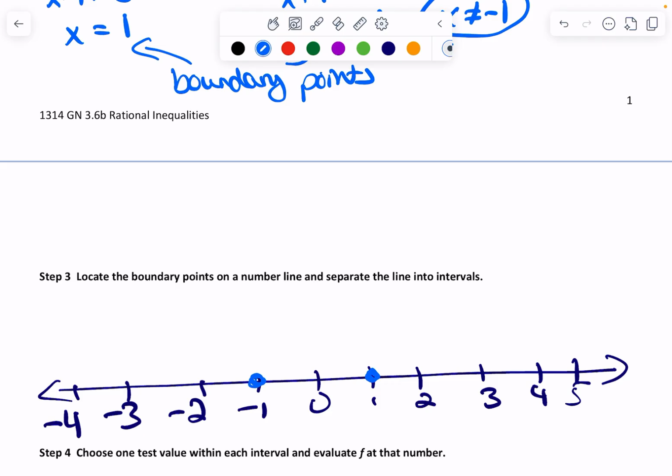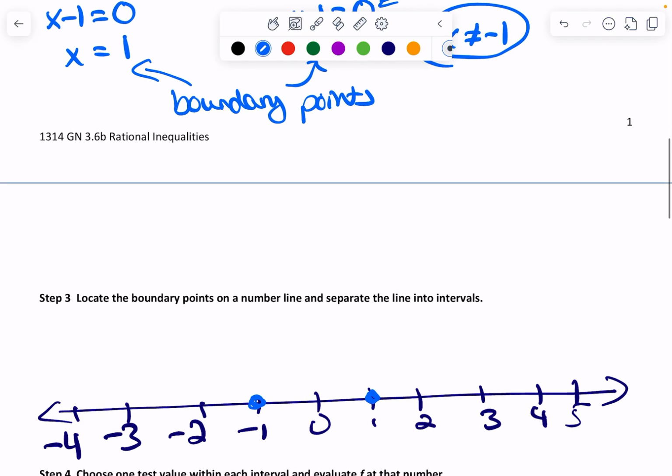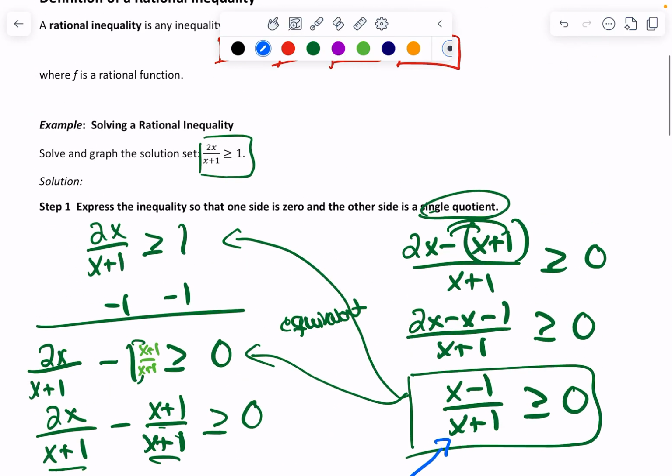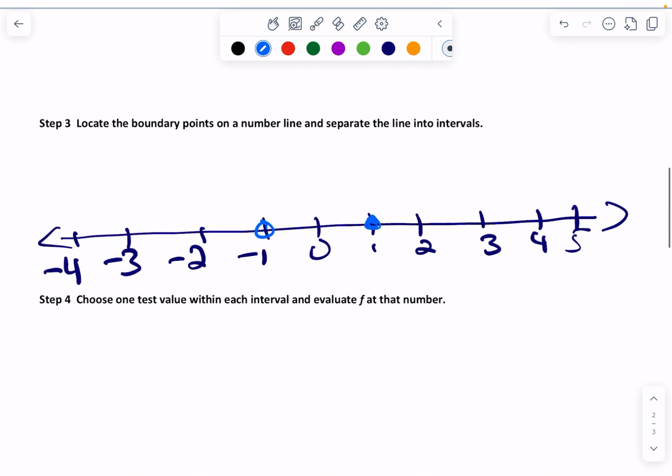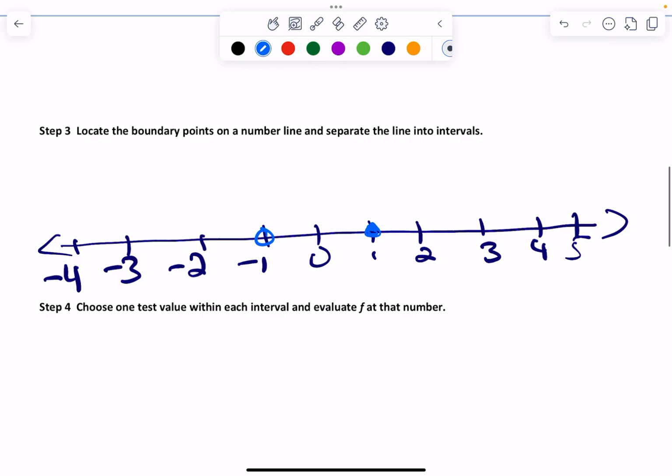Actually, there's a mistake here. x cannot equal negative 1. It can equal 1 because we do have the equal sign in the original, the line under. Okay, so we have intervals.